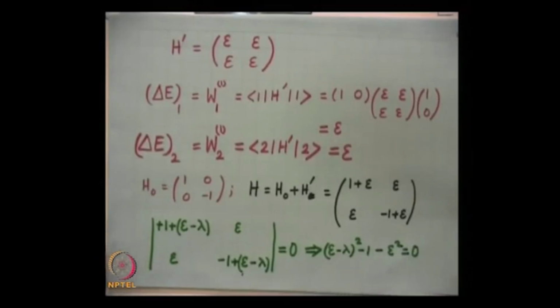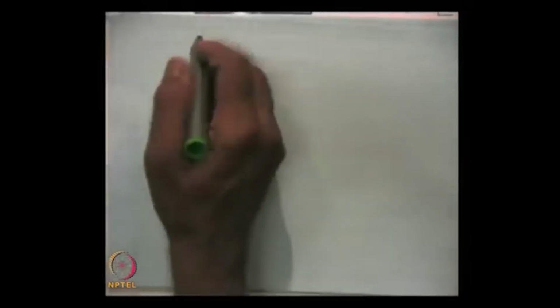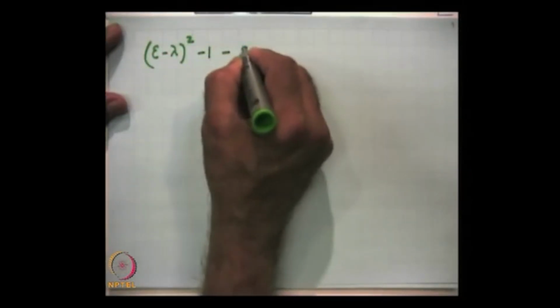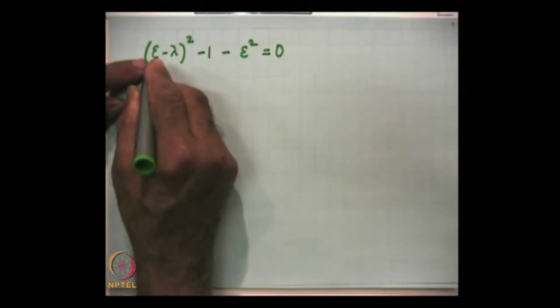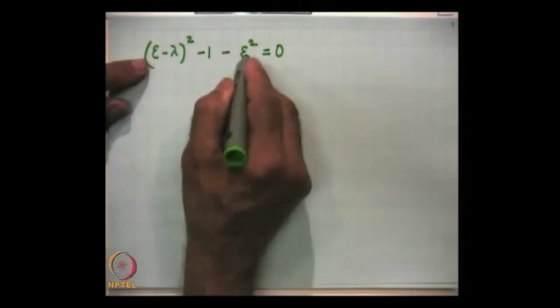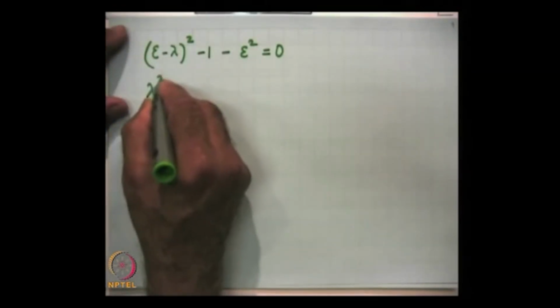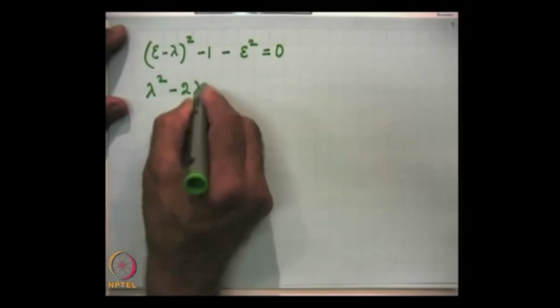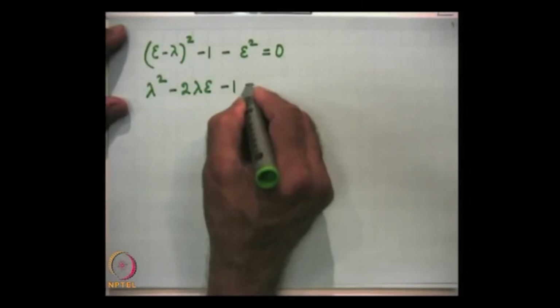The solution of this equation will give me the eigenvalues of the problem. So, let me write it down once again. In order to find the values of lambda, epsilon minus lambda whole square minus 1 minus epsilon square is equal to 0. So, the first term is epsilon square, that cancels out with this. So, you have lambda square minus 2 lambda epsilon minus 1 is equal to 0.